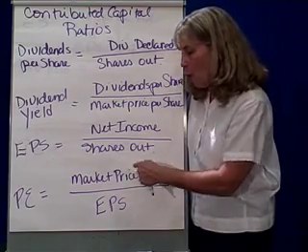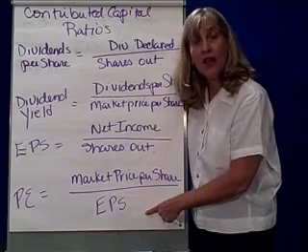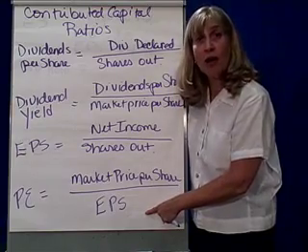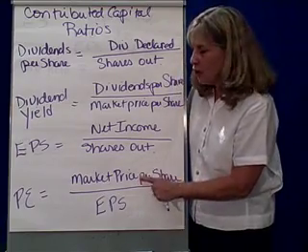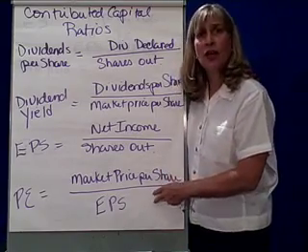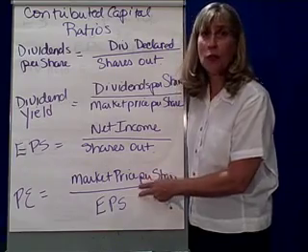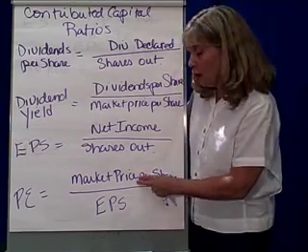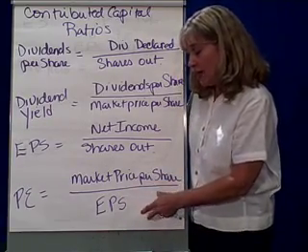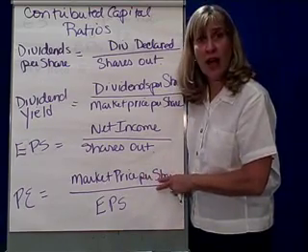In other words, what is the stock selling for versus what kind of profits does each share of stock earn? And you can see how much risk is involved. So you'll see stocks with high PEs and stocks with low PEs. And low PEs means that there's quite a bit of earnings per share relative to the stock price.